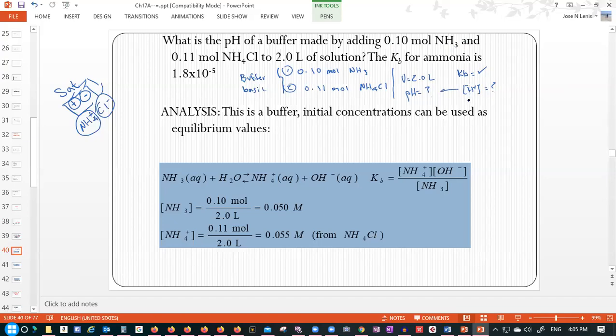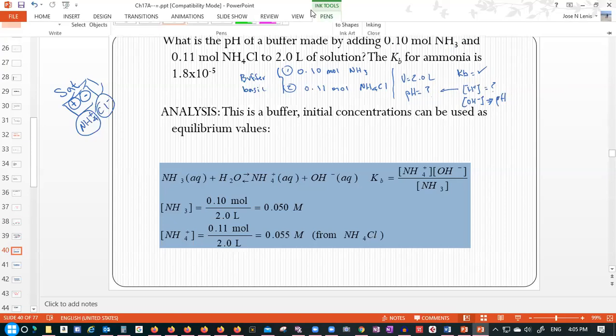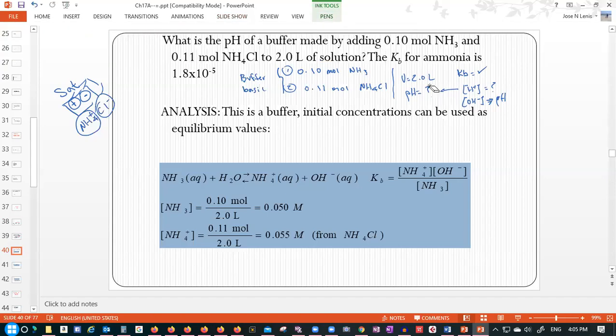Well, that means we have to first find the concentration of OH minus, or find the pOH, and from here you can find the concentration of H+, or just find the pH.